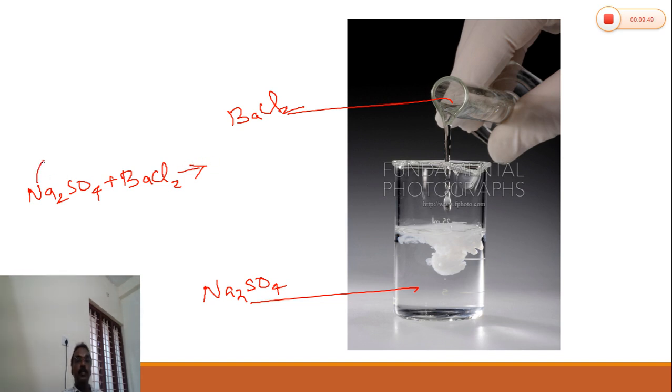When sodium and barium exchange, we get barium sulfate plus NaCl. This is a precipitate, so this is a precipitation reaction. Balancing: SO4, SO4.